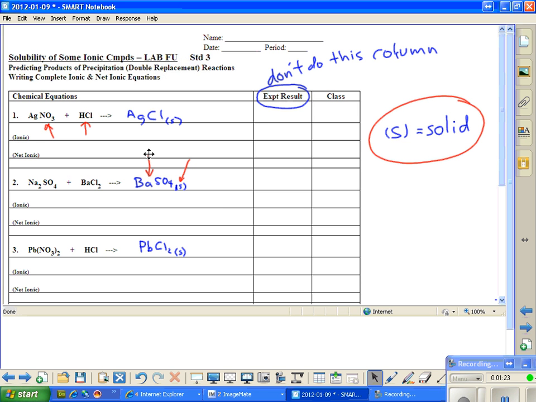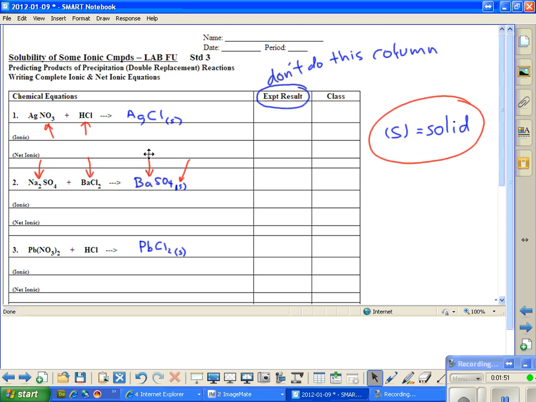That means when you put 2 drops together in your lab, you'll see this barium sulfate form when you've dropped in the sodium sulfate and the barium chloride. From 2 clear solutions, you're going to see snow in the water. And that snow is going to be the barium sulfate, and that's what we call a precipitate.